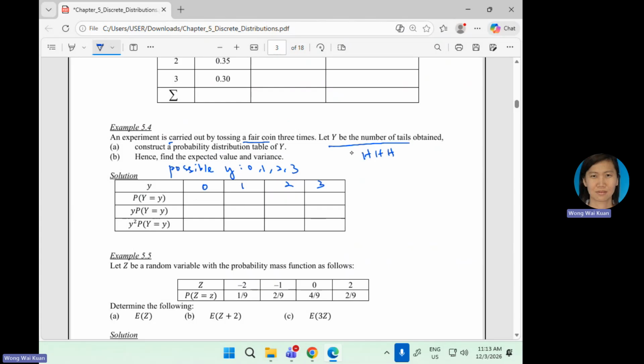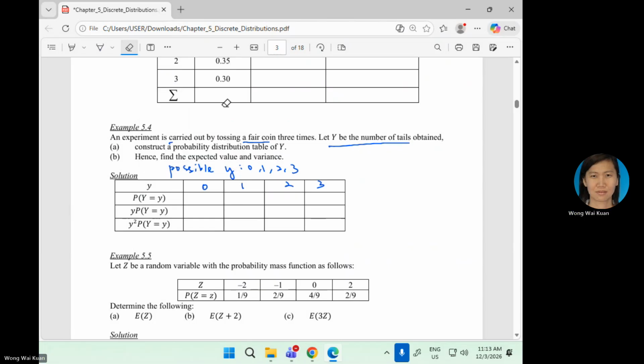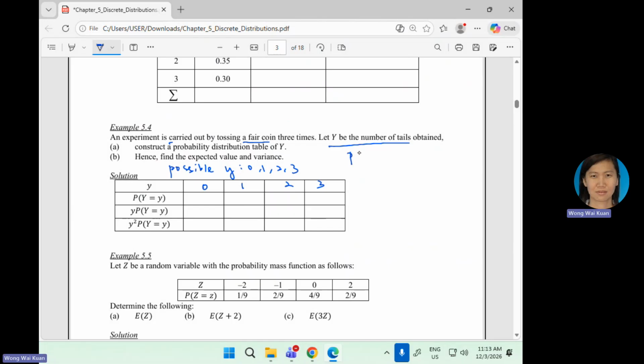So the probability of Y equals 0 is the probability of HHH, so this is half, half, and half. That's why you have 1/8.